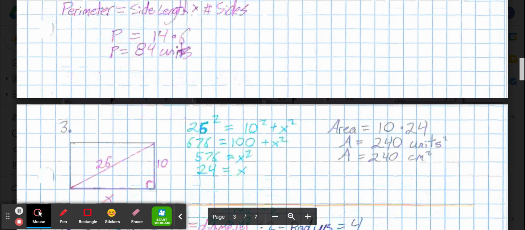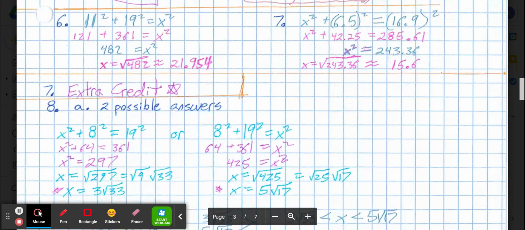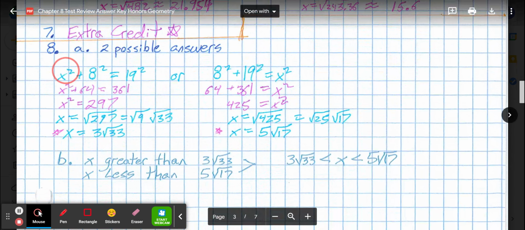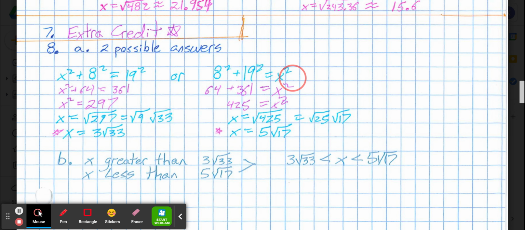So our 2 setups for that problem would be x squared plus 8 squared equals 19 squared, where we're trying to find our smallest value of x for the leg. And the other setup, 8 squared plus 19 squared equals x squared, where we're finding the largest possible value of x, the hypotenuse.